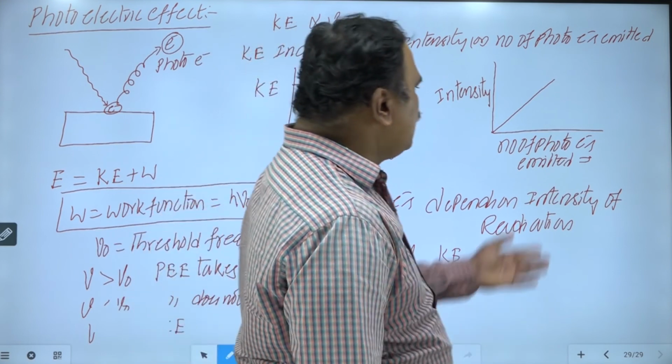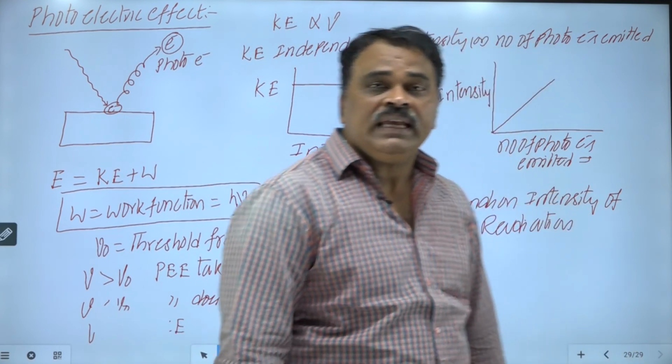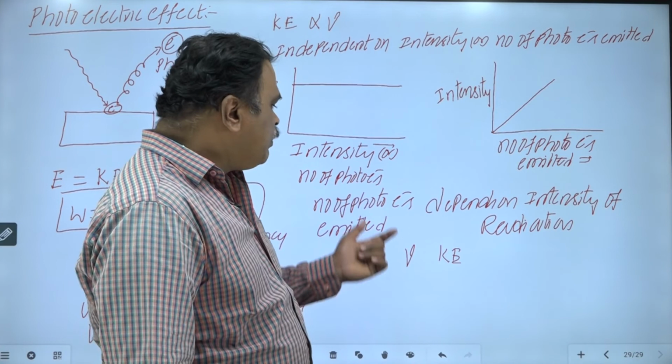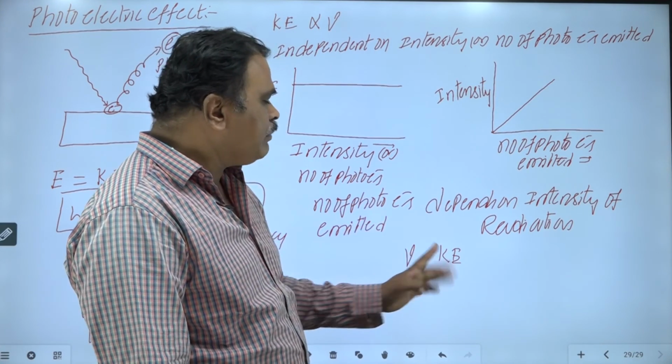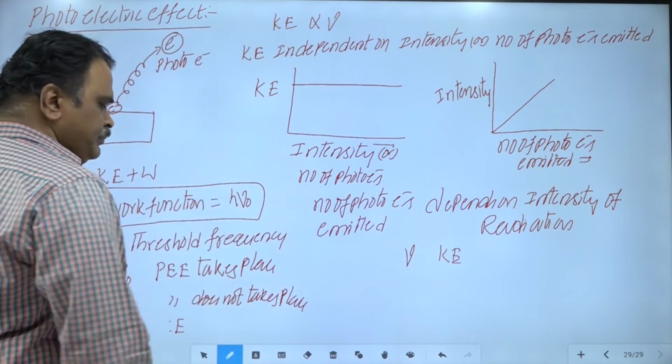As intensity increases, number of photoelectrons emitted also increases. But the number of photoelectrons emitted does not depend on frequency or kinetic energy.